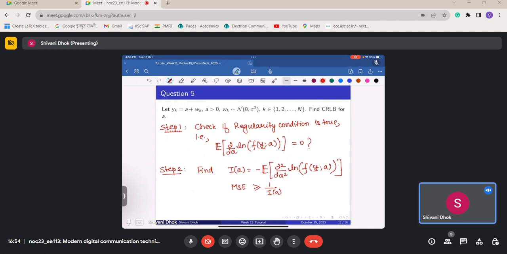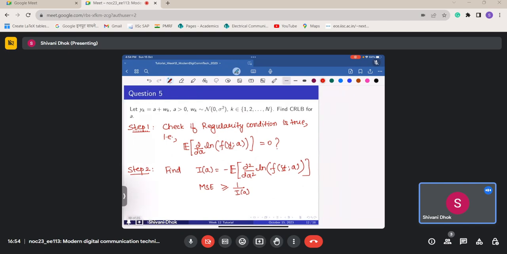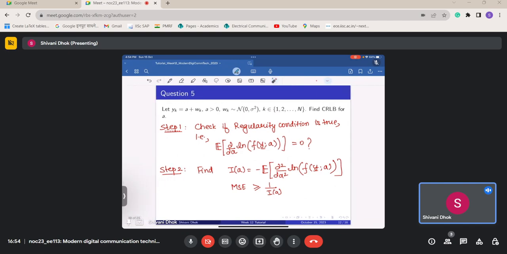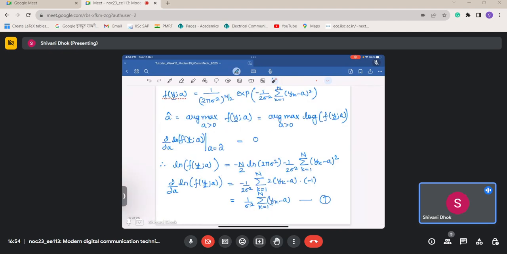So let us first check whether your regularity condition is met or not. This is the same setup which we had done in the previous questions, and we had found the first derivative of the log likelihood function.